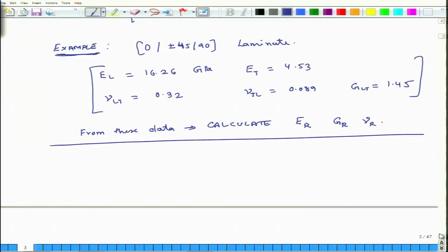Here is what we will do. First, we will compute the A matrix of this laminate. For calculating the A matrix, we have to first find the Q bar for each of these layers.